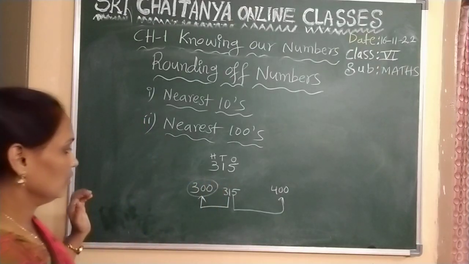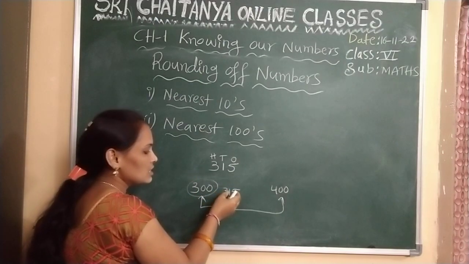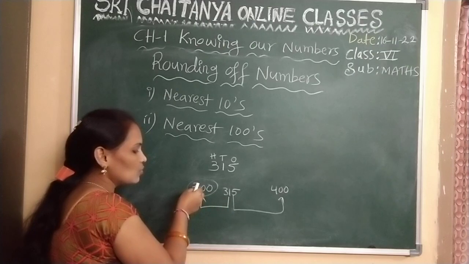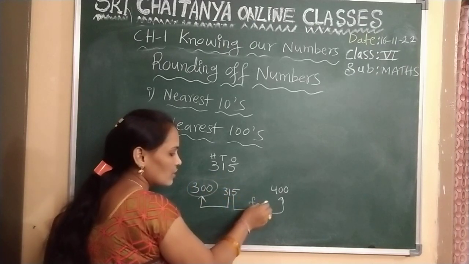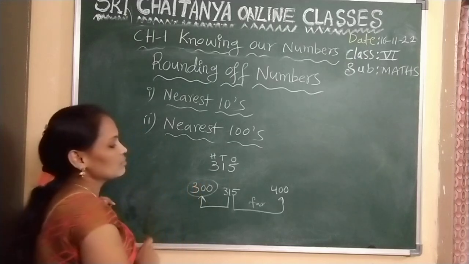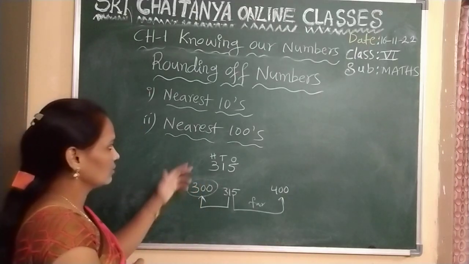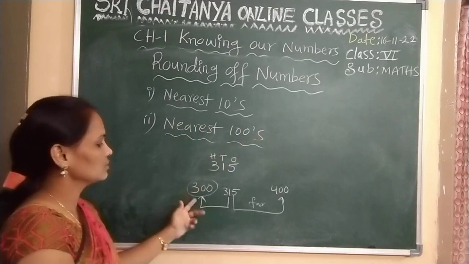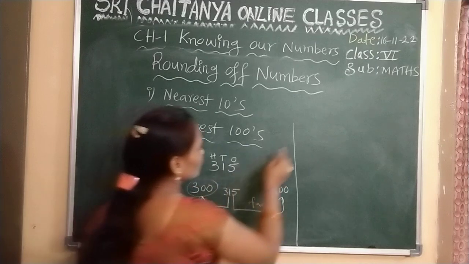Why will it go to 300? Because 315 is near to only 300. It is far from 400. So whatever near number is there, that only we consider as the nearest hundreds place number.